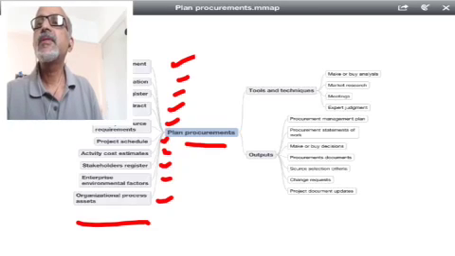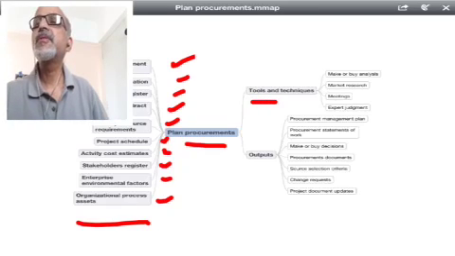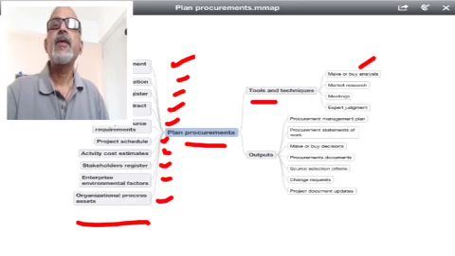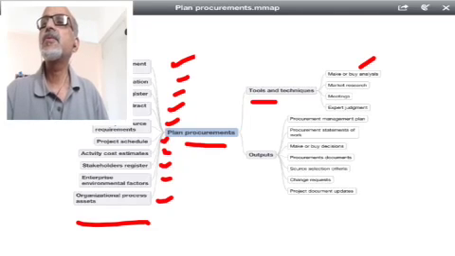The tools and techniques we use for procurements are: one is make or buy analysis. At the time of planning, once we do a work breakdown structure or WBS, we will be deciding on what all work packages we will be doing ourselves and what all things must be outsourced.